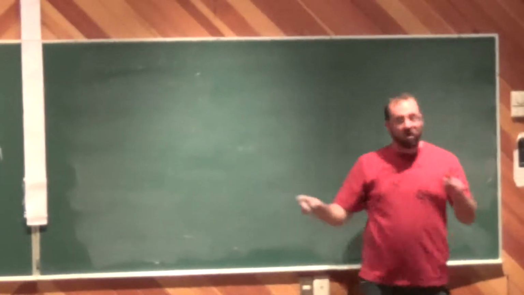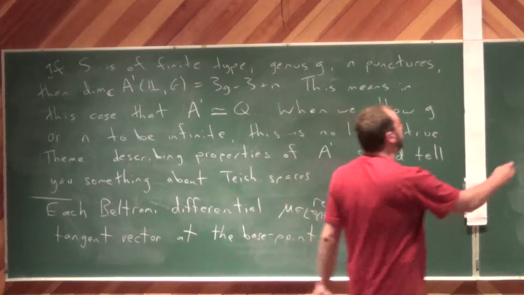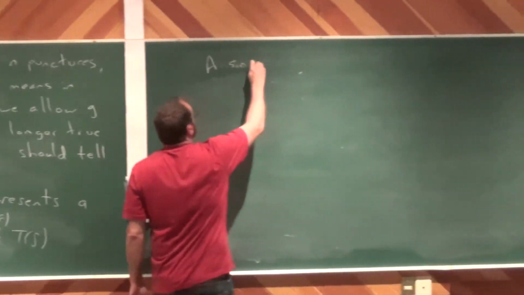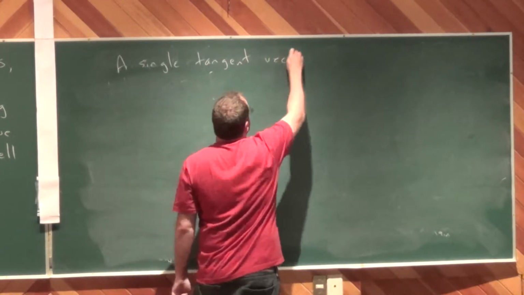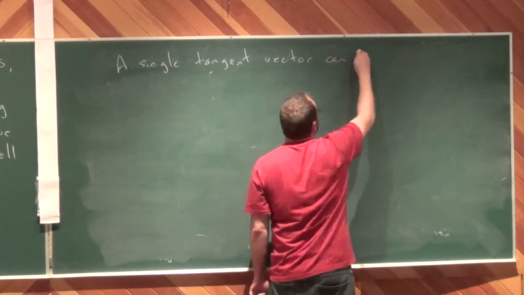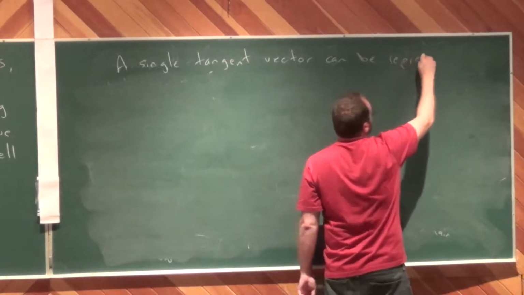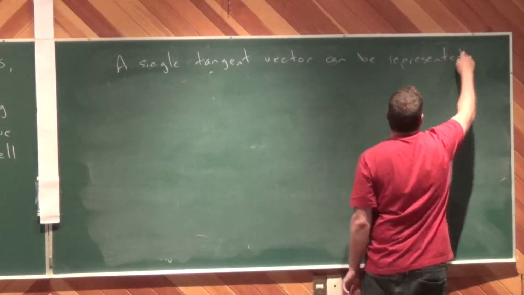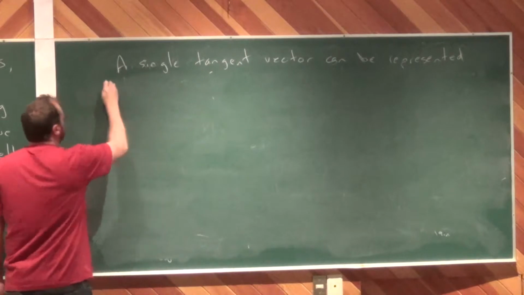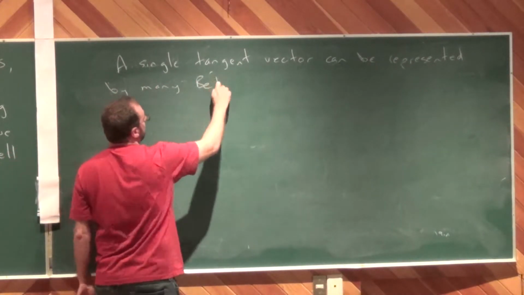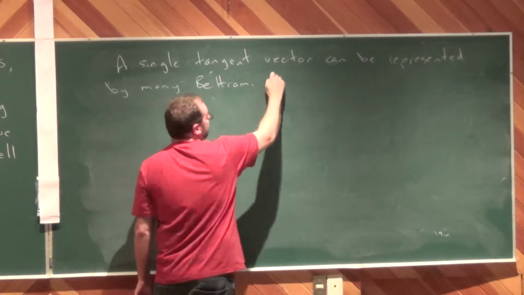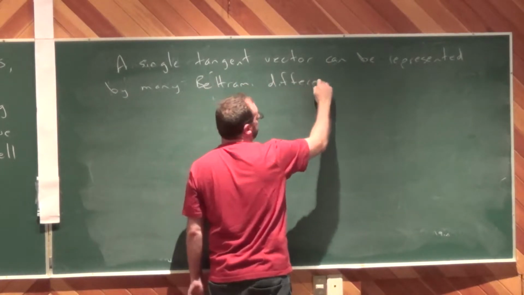And of course, more than one Beltrami differential can represent a particular tangent vector in Teichmüller space. So a single tangent vector can be represented by many Beltrami differentials.